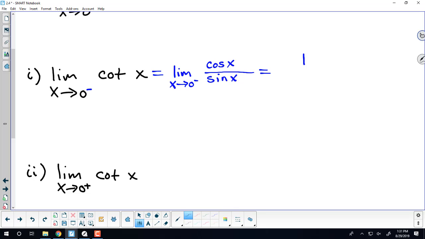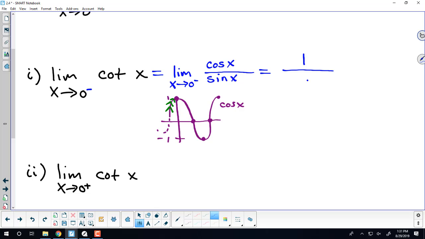And if you forgot, you probably should know the basic graph here. Not really to scale, but this is cosine x. You should know these values. Here, here, here. So as we approach 0 from the left, it keeps going. Cosine is approaching 1. What about sine? It's approaching 0, yeah, through negative values.